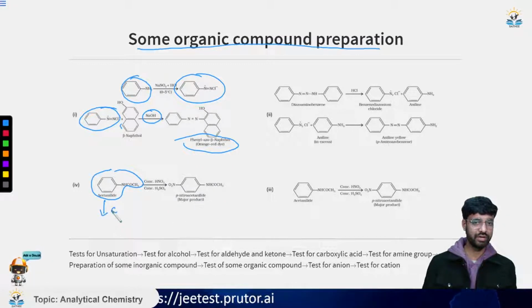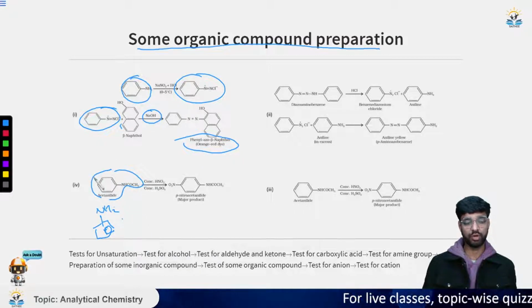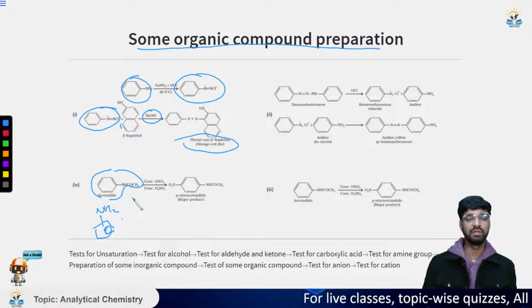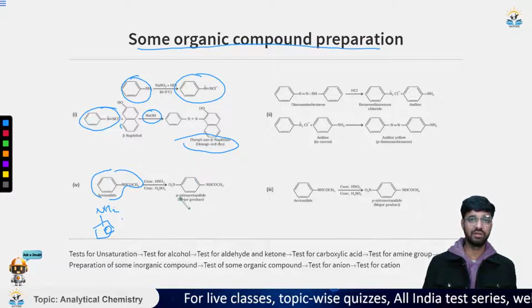Those who don't know, the aniline is treated with acetic anhydride in the presence of acid, and we get this compound. Then on further treatment with nitrating mixture, we get a para nitro substituted acetanilide.